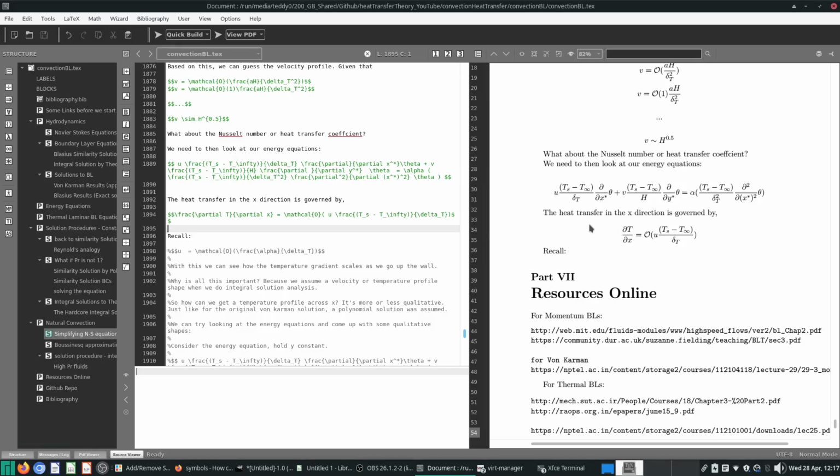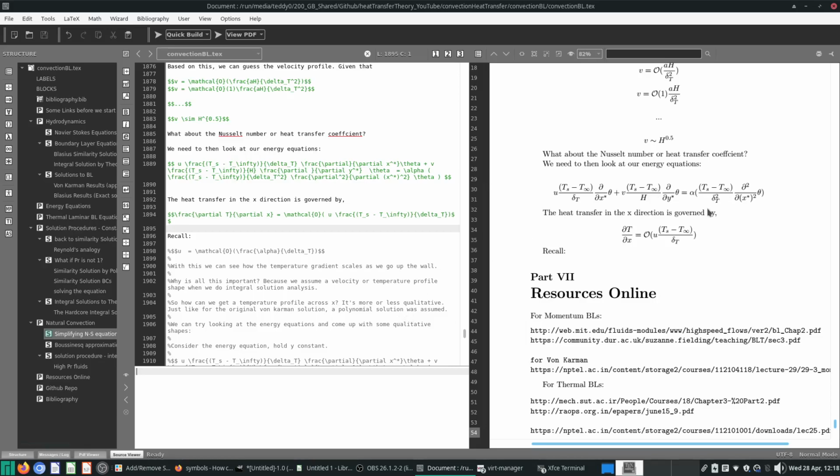In our energy balance equation, you have your Laplacian term, which describes conduction along the x direction. And then you have your advection terms here, one for x direction advection, one for y direction advection.